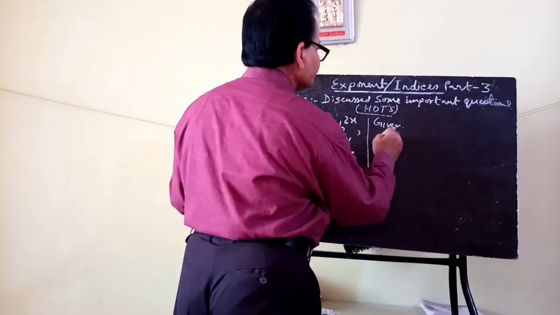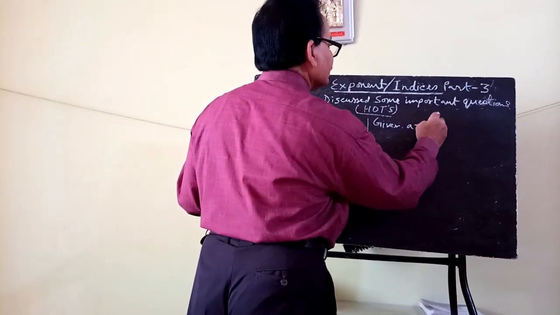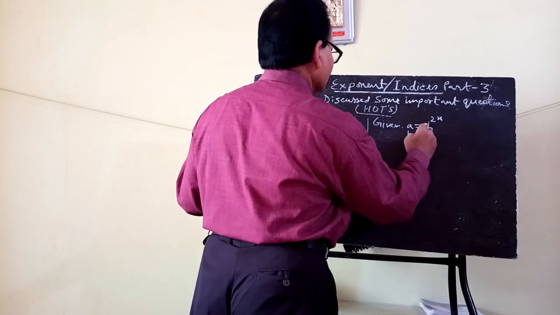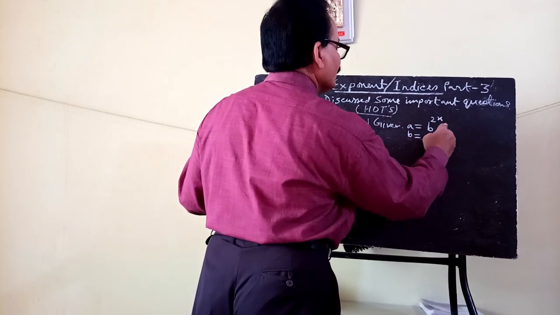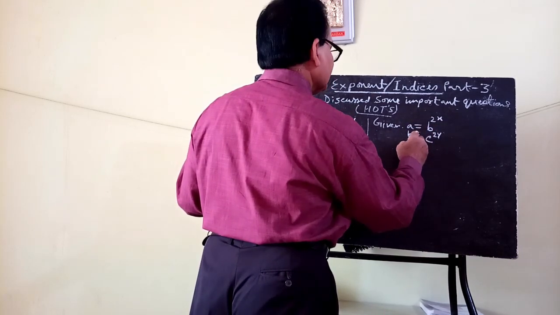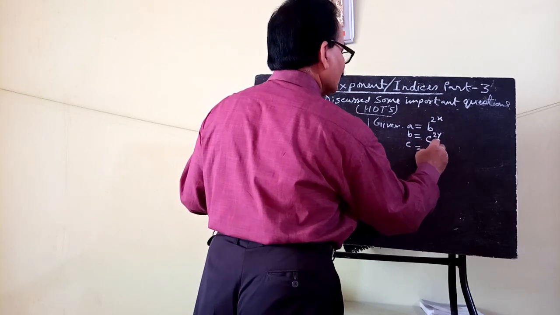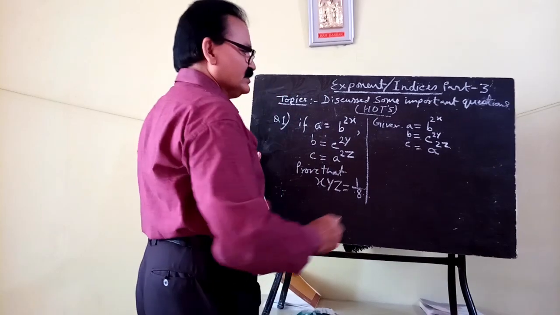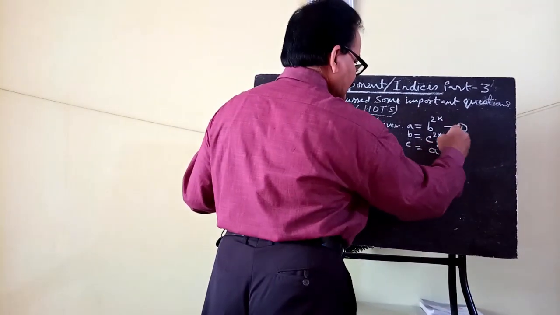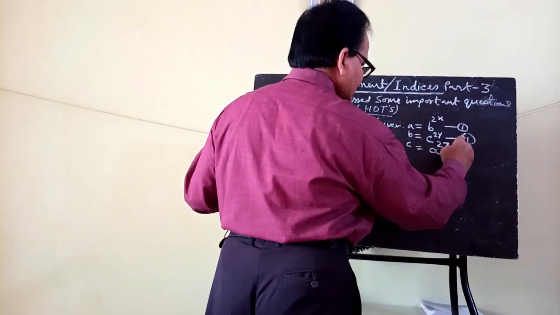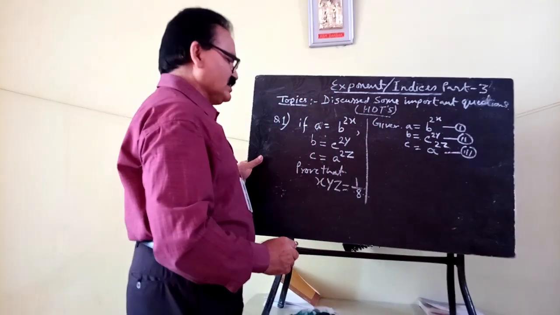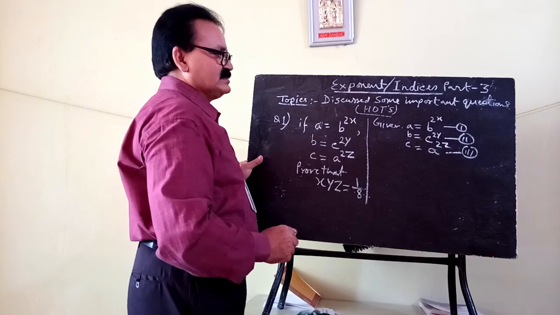So a equals b to the power 2x, b equals c to the power 2y, and c equals a to the power 2z. This is equation 1, this is 2, and this is equation 3. These are the three equations given, and you have to prove the value of x, y and z.